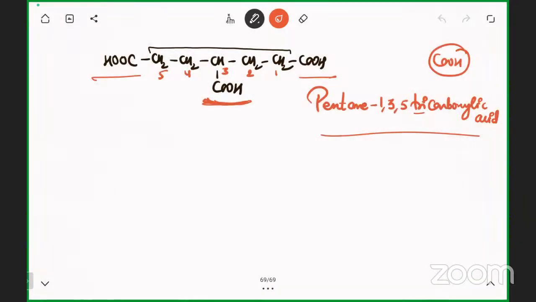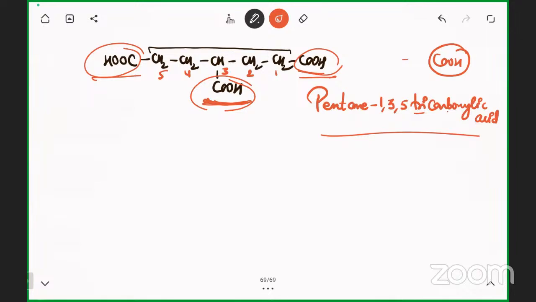But in this particular case, I have not mentioned the carbon in the main chain. That time, since I was counting that carbon, I used oic acid. But right now, since I'm not using this carbon, I'll write carboxylic acid. I told you the carboxylic word represents that COOH group is present.